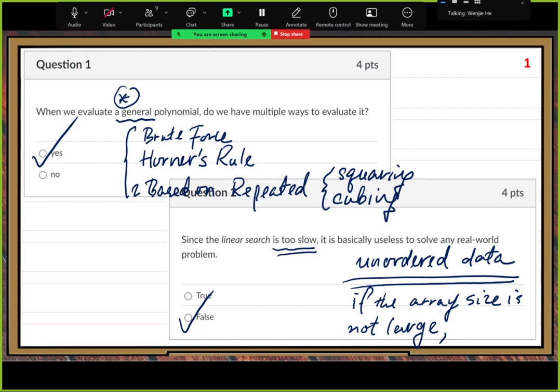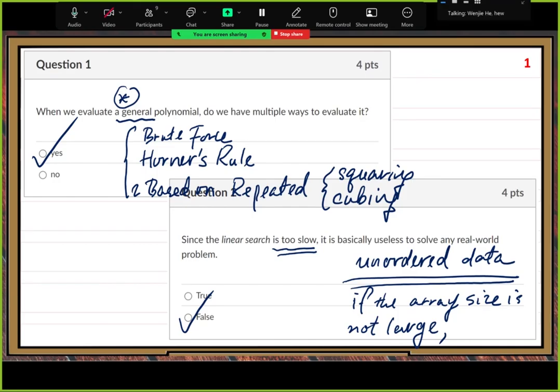Then we just apply linear search. We do not sort it, because the extra work you use in sorting may not be worth the work binary search can save. But if the size is large, then it's worth it. Then it's better to sort and apply binary search.